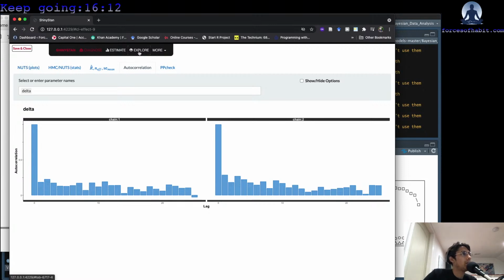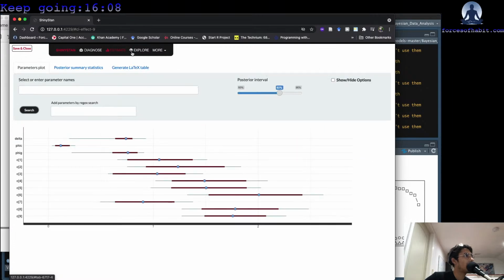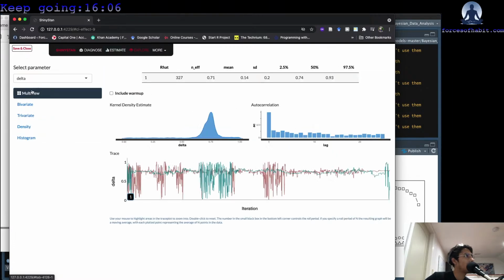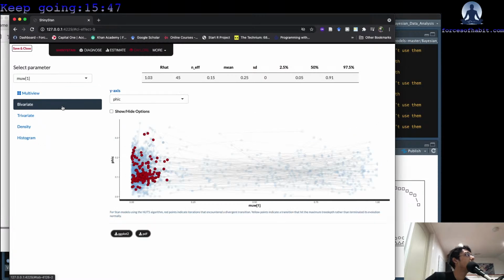One thing might be cool. We can just look at the mean of both. Right, it's a multi-view. And let's take a look at the mean of group 1. Bivariate.